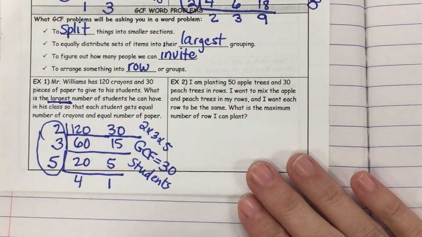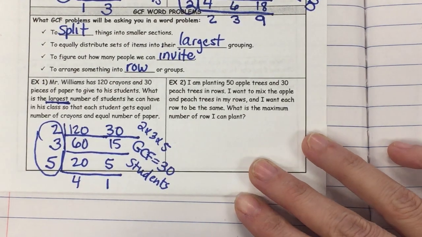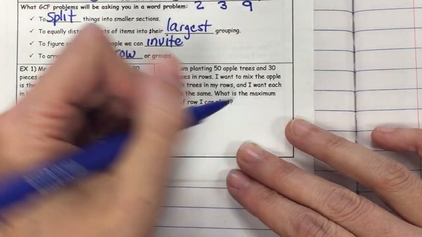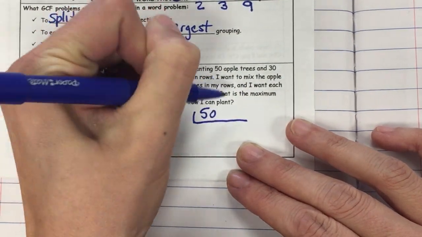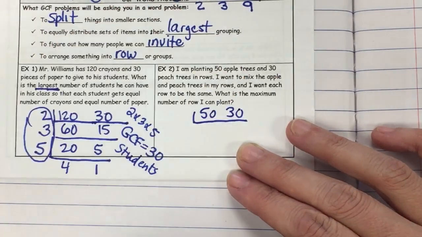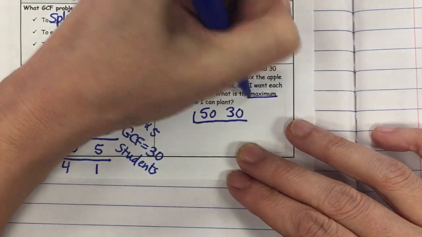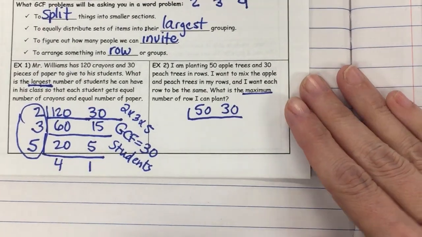Whenever I'm arranging things, it's going to be GCF. The two numbers I'm dealing with are the apple and peach trees, so I'm going to put 50 and 30 into my ladder. The other key word is maximum. What's the max I can do?